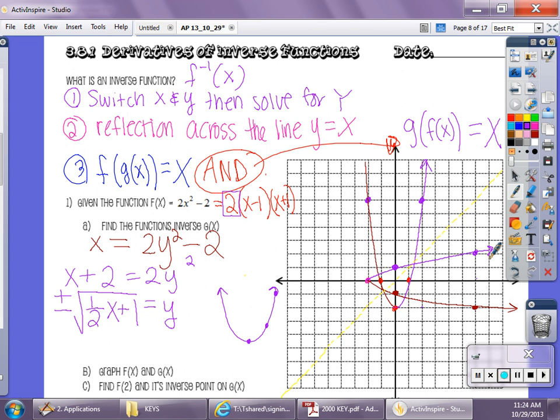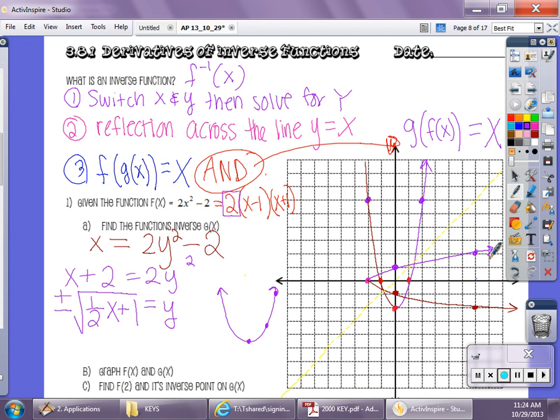Yes. I made that plus or minus because I had to take the square root of both sides. So when you take an even root of both sides, yes, you make the plus or minus. Okay? Yep. That's why we needed it, because you wouldn't have had the whole inverse. The inverse is not a function. That's because the original function wasn't 1-to-1. That's how that happens. Okay?